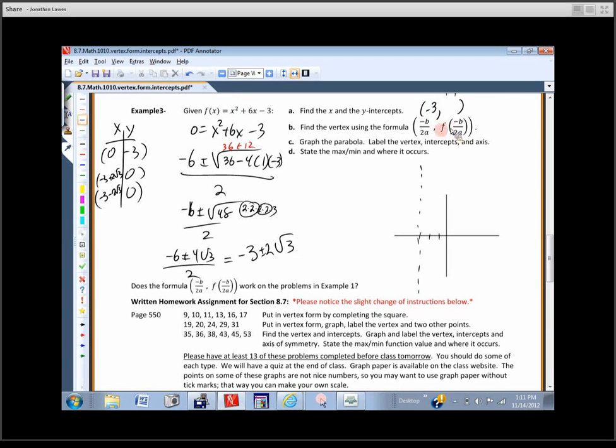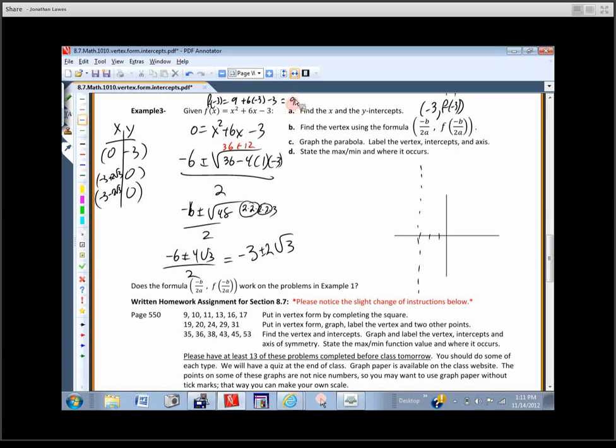The vertex would be at negative 3 comma. What does this mean again? f of negative b over 2a. It means plug that in. It means find what f of negative 3 is. So if you plug in a negative 3, let's see, we get, is that 9 or negative 9? It's 9 here, plus 6 times negative 3 minus 3. So let's see what we've got here.